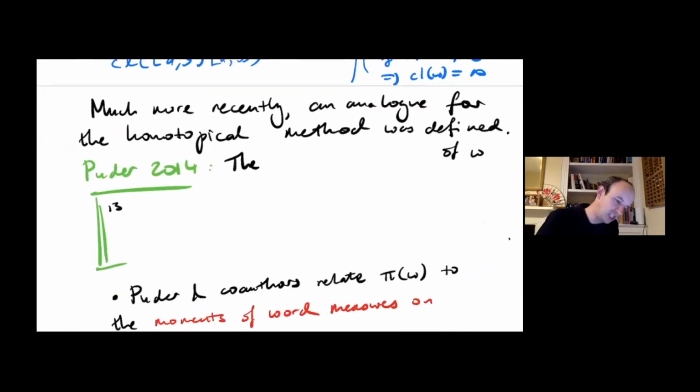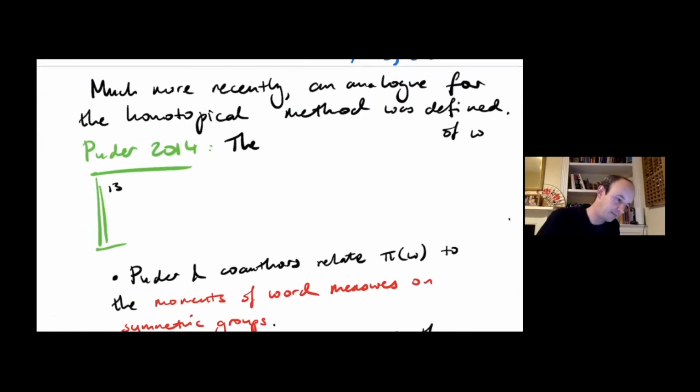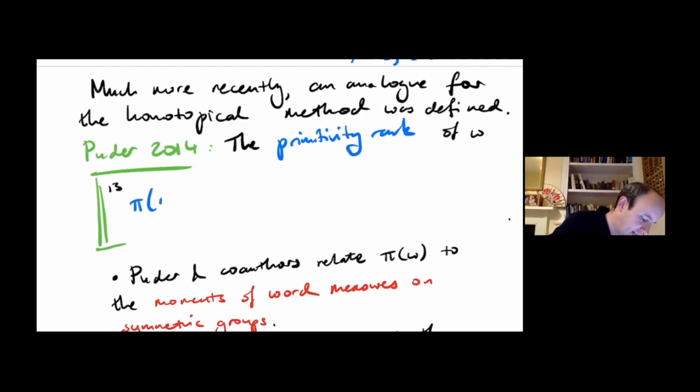This is a much more recent definition, defined by Puder in 2014, so it's a much more recent discovery. It's called the primitivity rank, and it's called pi of W.